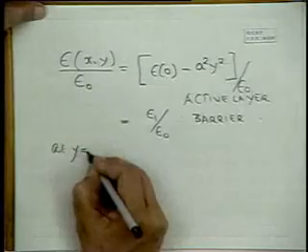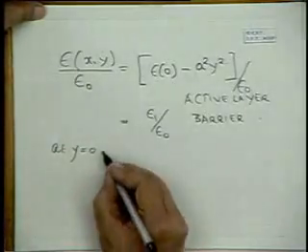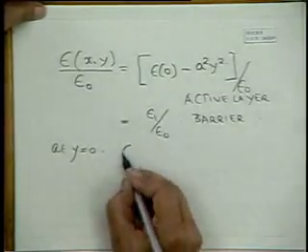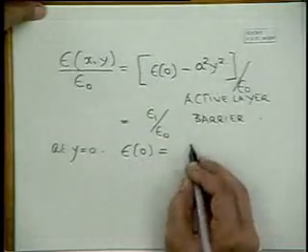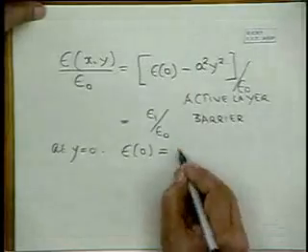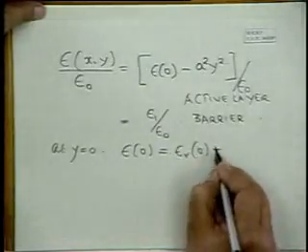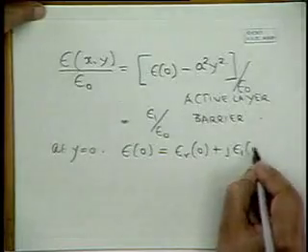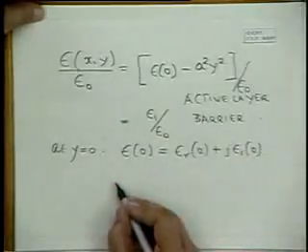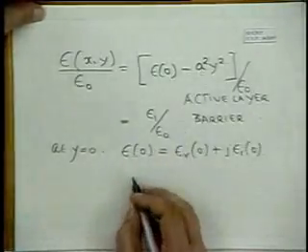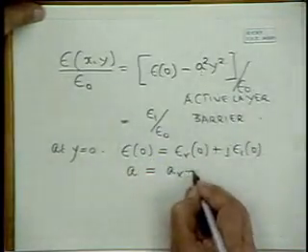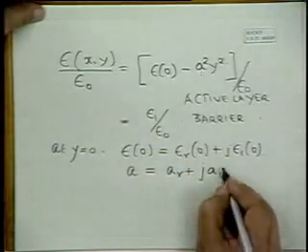At y is equal to 0, at the center of the stripe, we can say that the complex dielectric constant epsilon 0 has a real part and an imaginary part. The imaginary part is giving the loss, and the constant A, the complex, that also has a real part and an imaginary part. Okay.